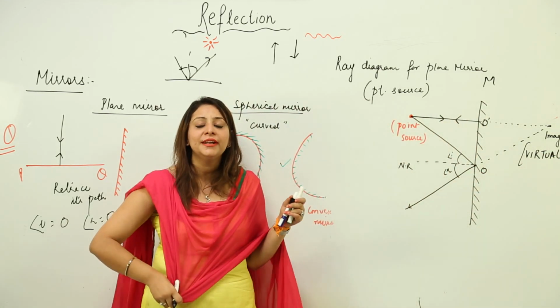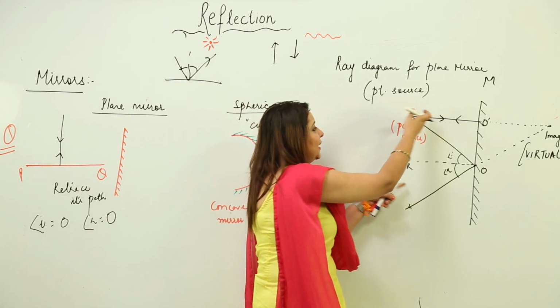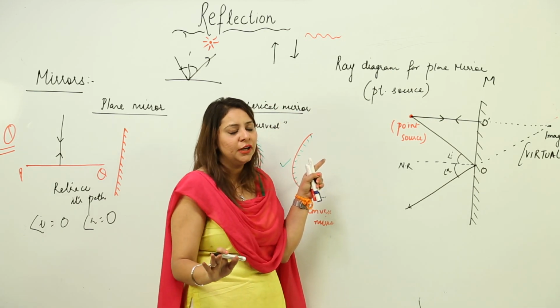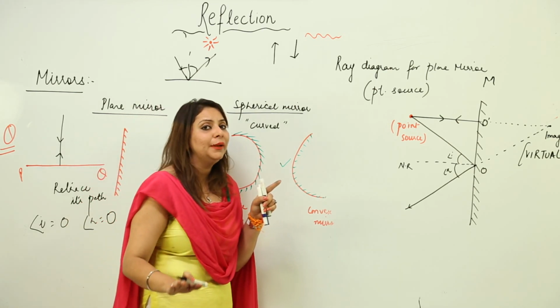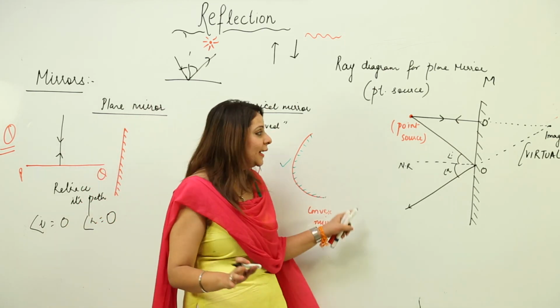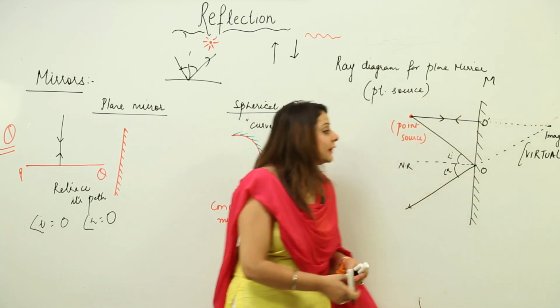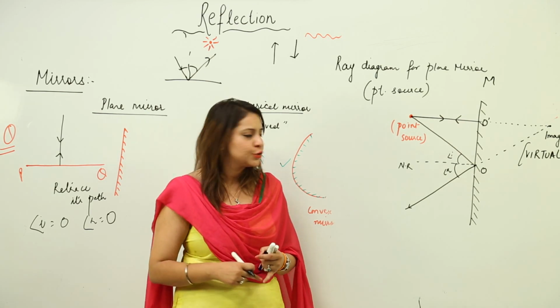Real ones are those when reflected rays are actually meeting. In the case of a plane mirror, they don't actually meet; we will observe that in the case of spherical mirrors. But when you extend them behind the mirror, we see in a hypothetical way that they are meeting at a certain point. So that image is called a virtual image.